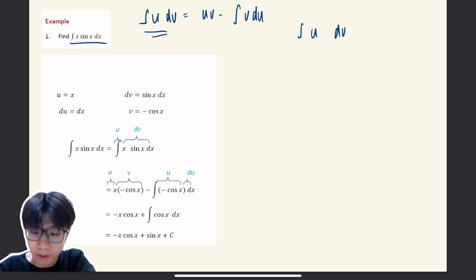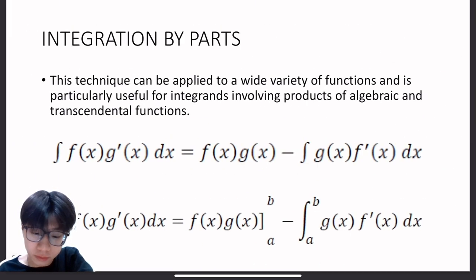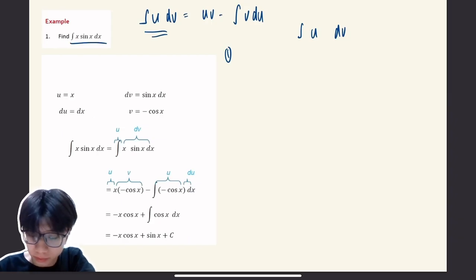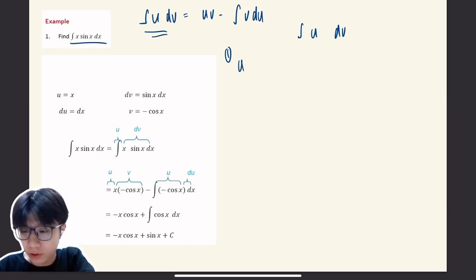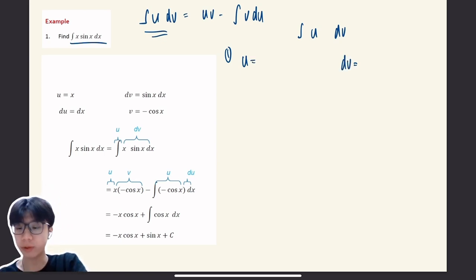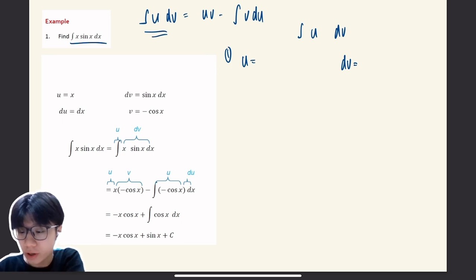The first step for integration by parts, we separate both sides, u and dv. Remember, for the dv, the right side, you must have a d of whatever variable.